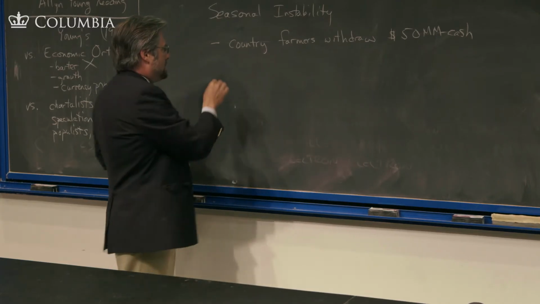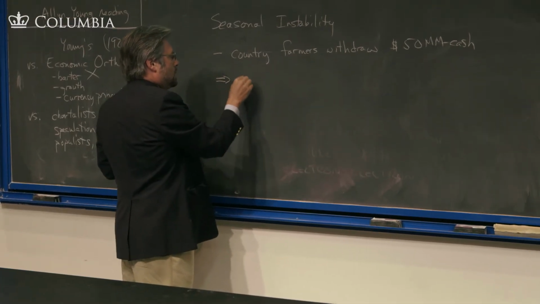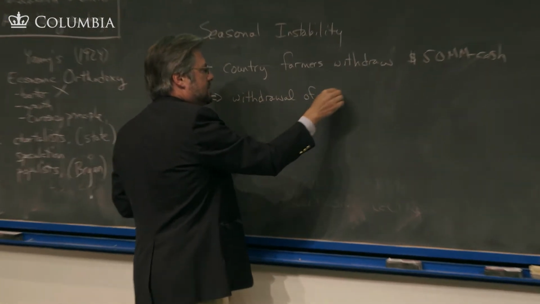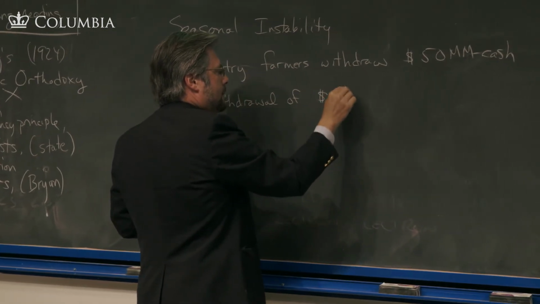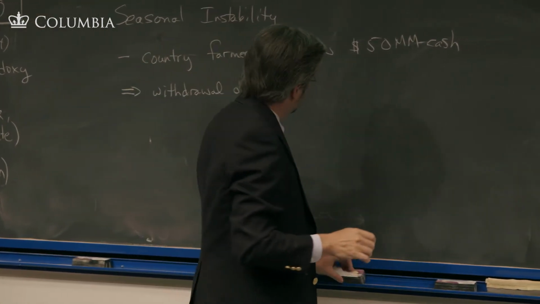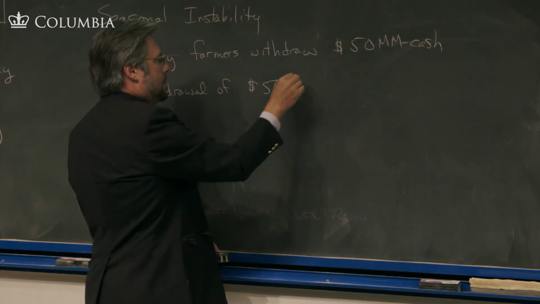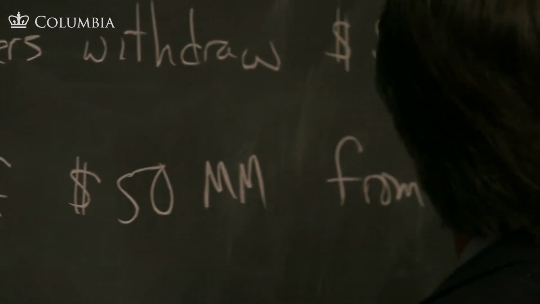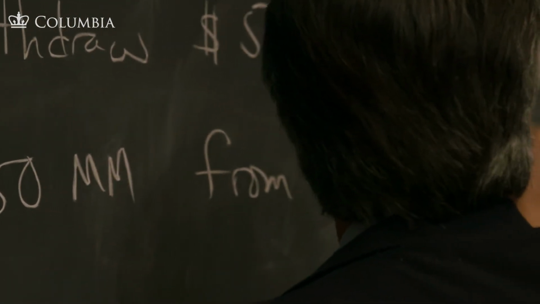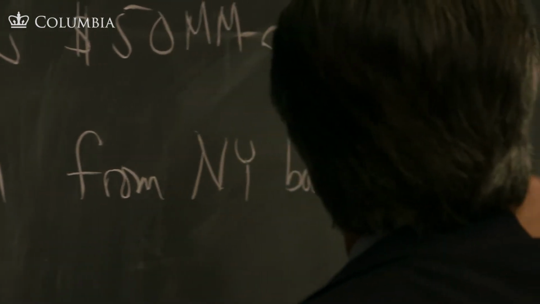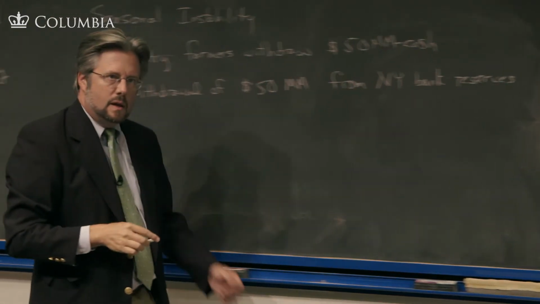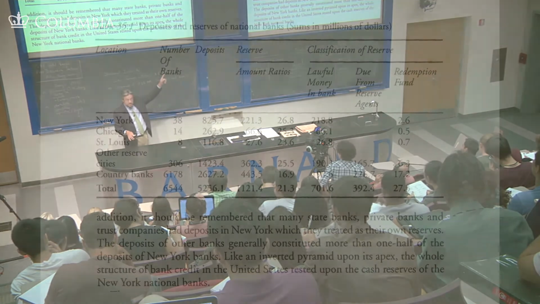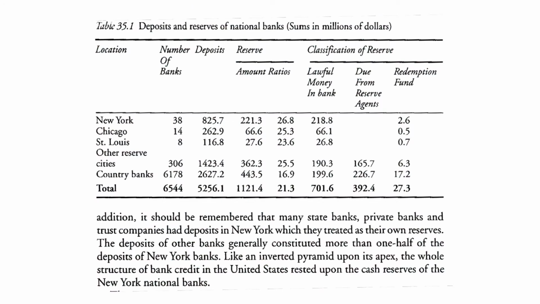Ultimately, that implies a withdrawal of $50 million from New York banks. So now they are way below their 25% required reserves. So they have to replenish those reserves.